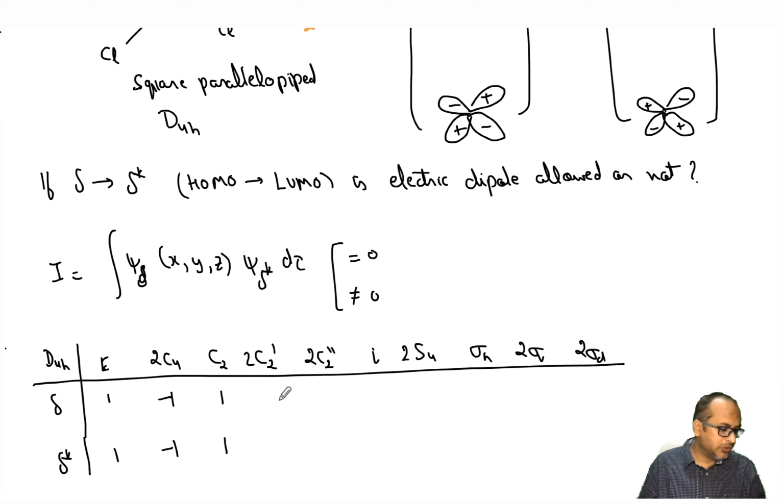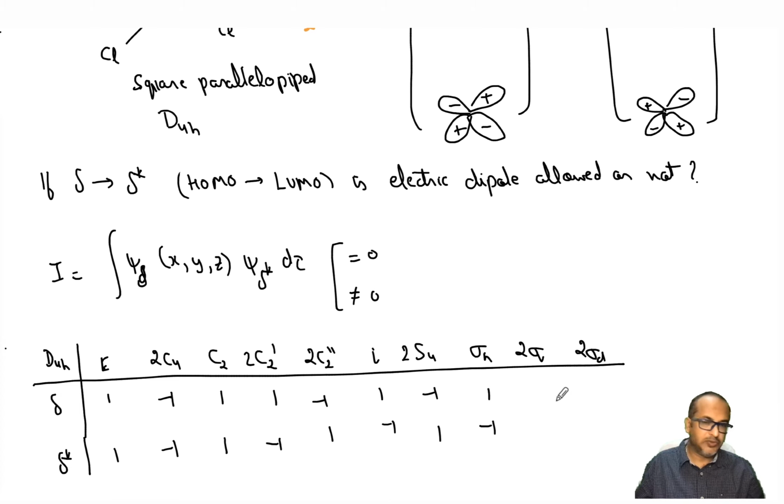So I will just note down the characters from my notes, and these are 1, -1, -1, 1, 1, -1, -1, 1, 1, -1, 1, 1, -1, -1.